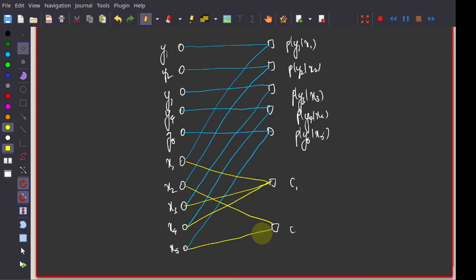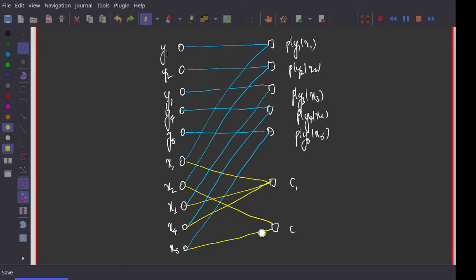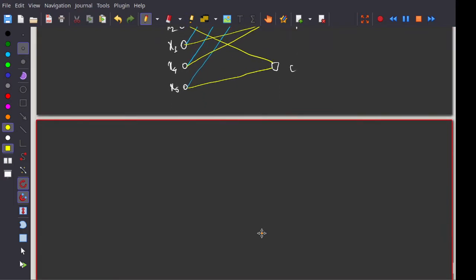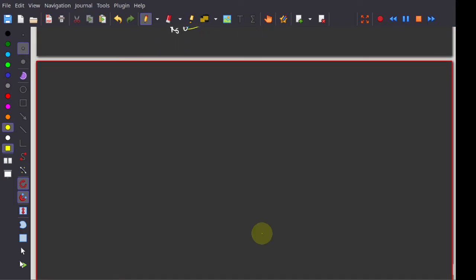So in general, if you have a function with m local functions and n variables, then there are exactly n plus m vertices. This is one particular representation, and this is indeed the representation that we will use when we are trying to decode LDPC. But for the moment, we'll look at another graphical representation, one which is called a junction tree.